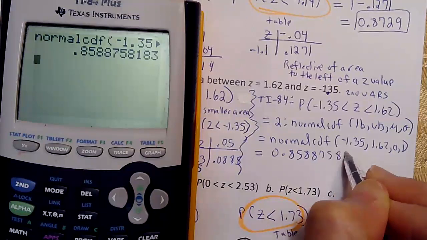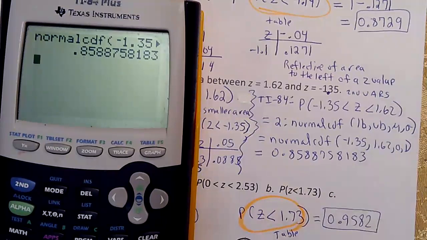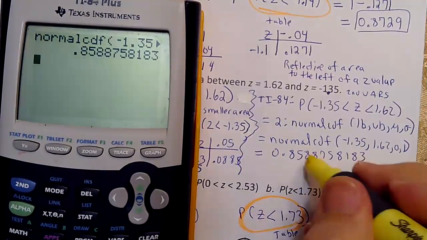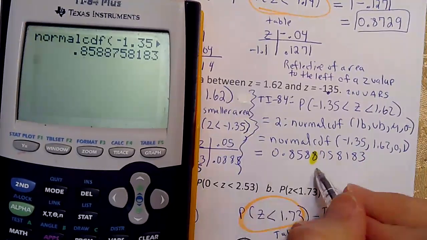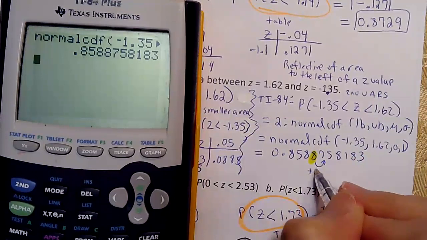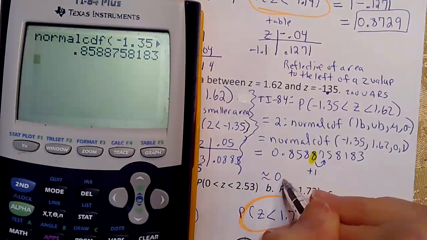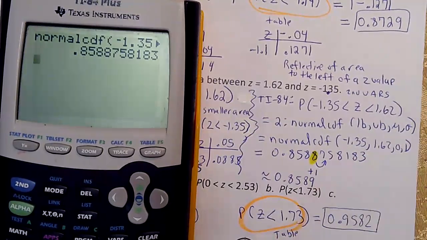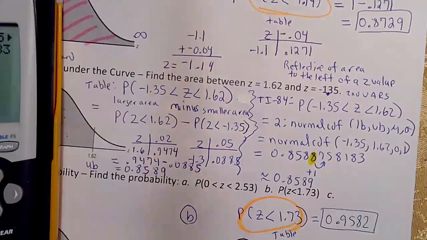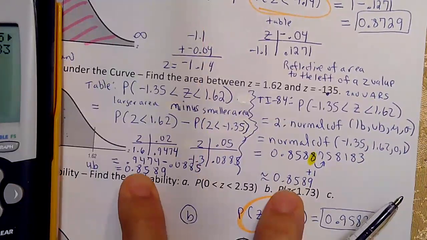And then I'm going to round this. Look at the neighbor. Is that 5 or more? Yep, it's a 7, so add 1 to that. So 0.8589, and that should match the way we got it on the table.